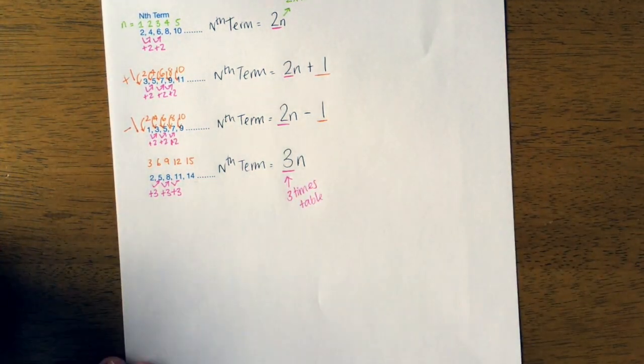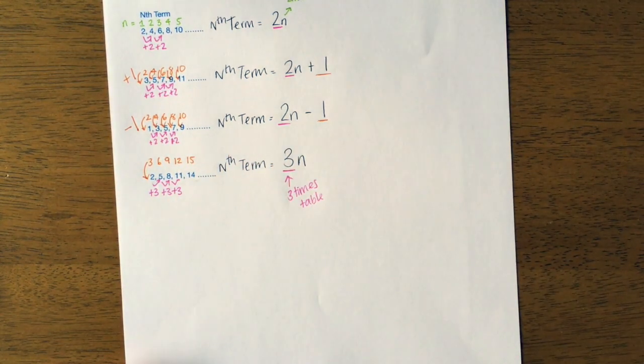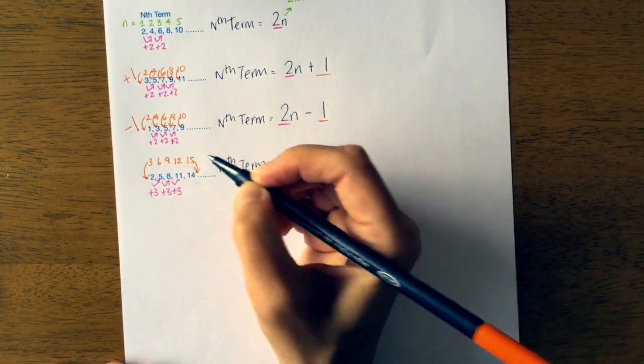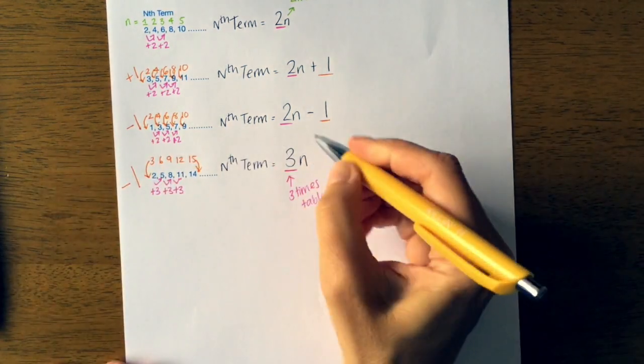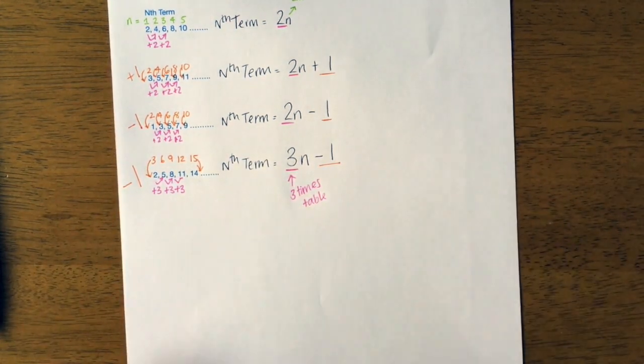Now is to figure out how the 3 times table has been altered to make our pattern. So what happens each time? We're taking away 1 again. And that's what I would stick on the end here to get my nth term.